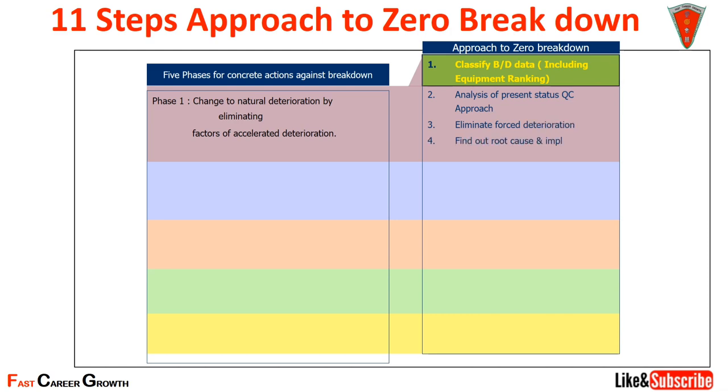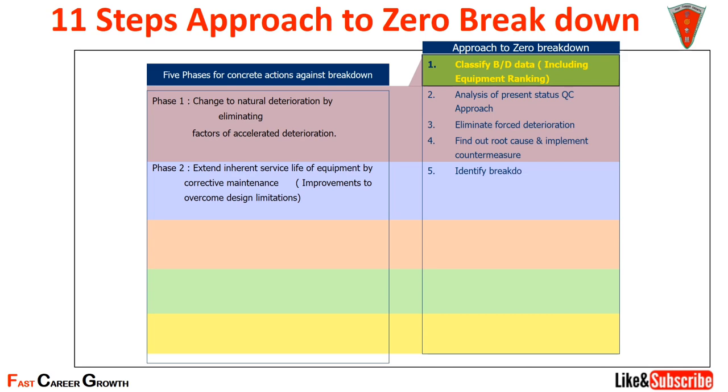The second phase is to extend the inherent service life of equipment by corrective maintenance and improvements to overcome design limitations. This is phase 2. So what is the approach? Identify breakdown recurrence, understand the phenomenon, investigate weakness and improve it.